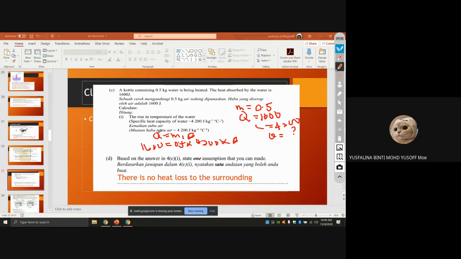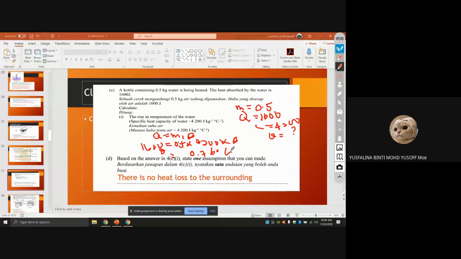So it should be 0.76, I think. 0.76 degrees Celsius. Very small amount. Am I calculating correctly? Yes. Okay, 0.76 degrees Celsius.